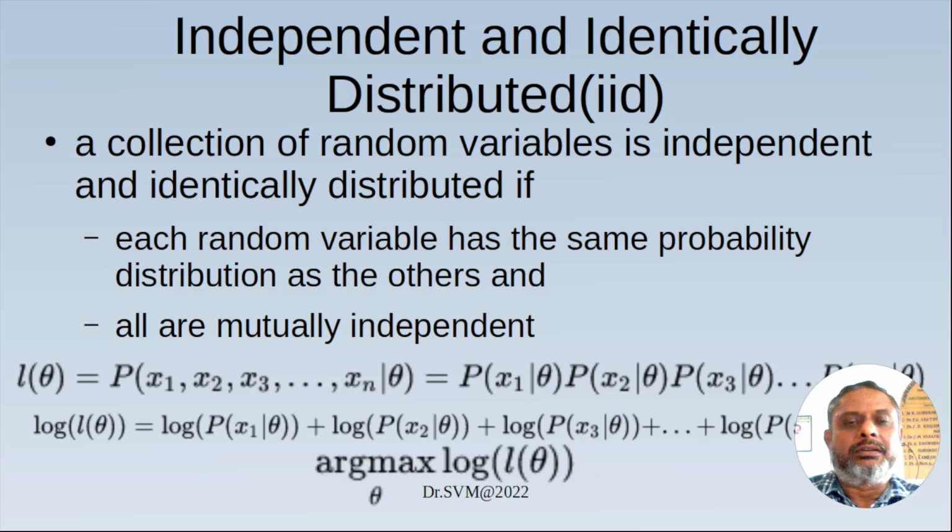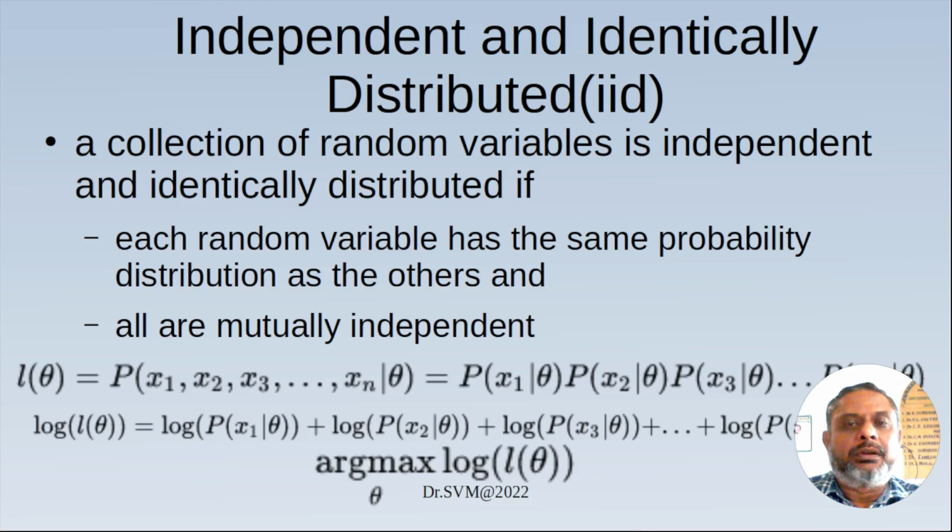That means if two random variables have a similar probability distribution, we can say they are identical, and they are mutually independent. Data from one variable does not affect the data of the other, or the outcome of one experiment does not affect the outcome of another. So we say that they are independent.